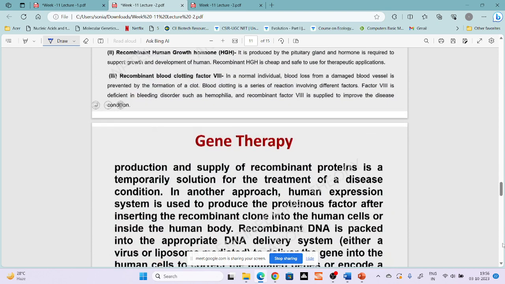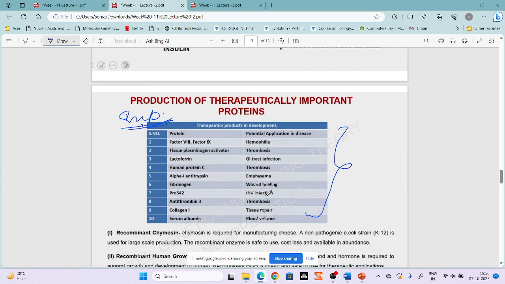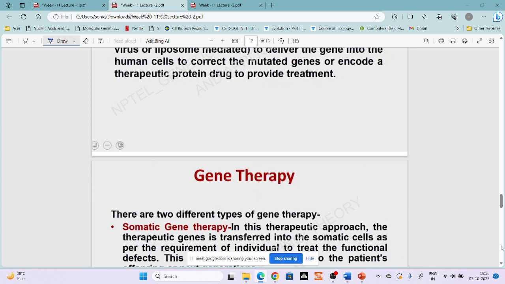Then gene therapy. Here these are the therapeutic proteins that you take. There is another approach in which you need not take any therapeutic proteins. There will be changes in your DNA only, so there is no need of taking proteins from outside. They are correcting the very base level of the disease.